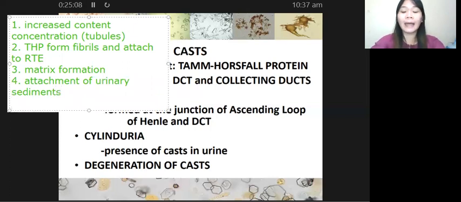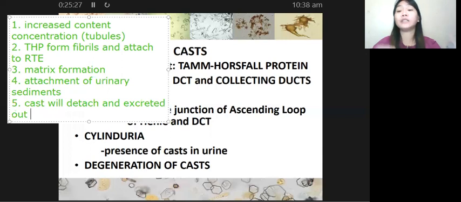So after the attachment of your urinary sediments, so ang next na mangyayari ay the cast will detach, okay, and be excreted out as part of your urine. Nakuha? Ayan. So, depende yung kailan magde-detach ang cast.